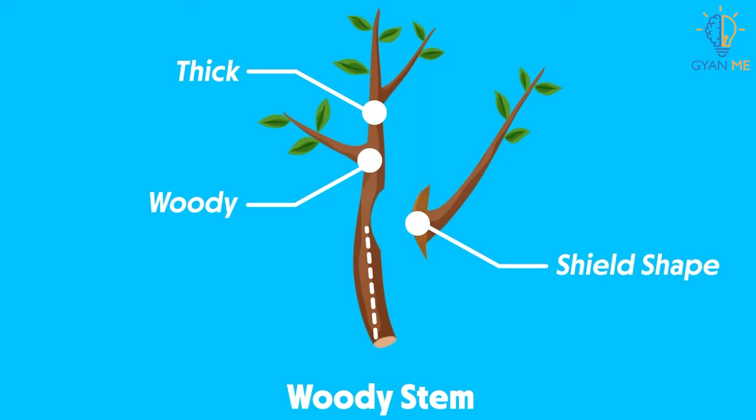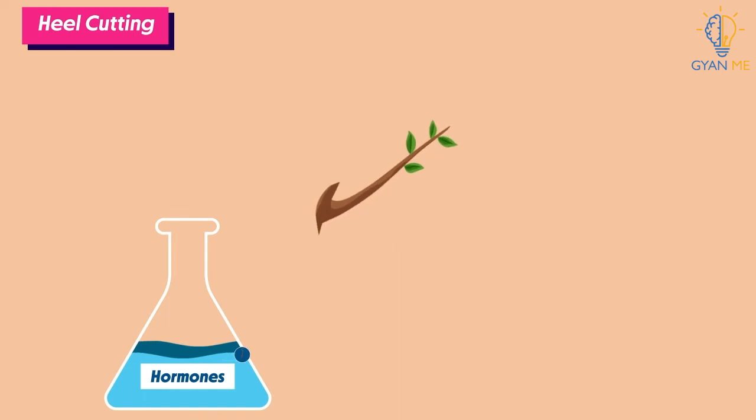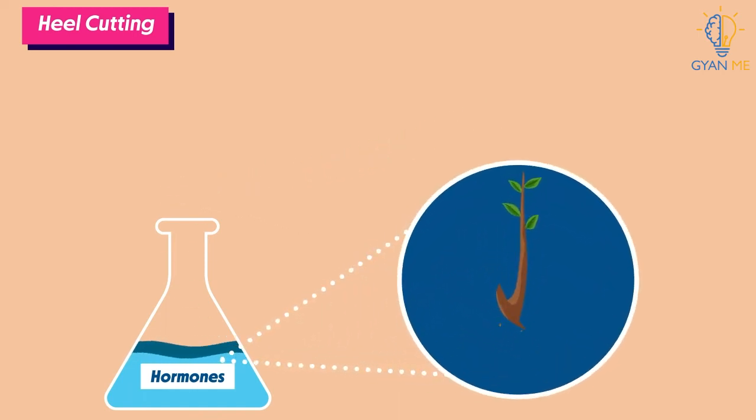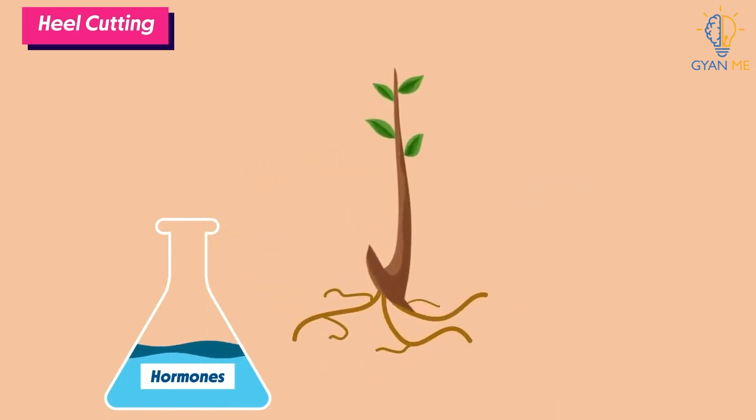This method is called heel cutting. Now insert this heel horizontally into the medium so that it is completely covered. Again, after a few days, roots and shoots will start appearing here, and that's the time when it is taken out and potted, which will grow into a new plant.